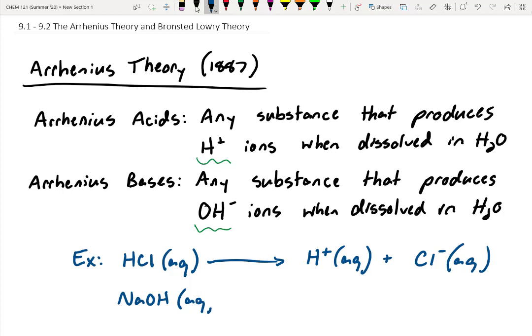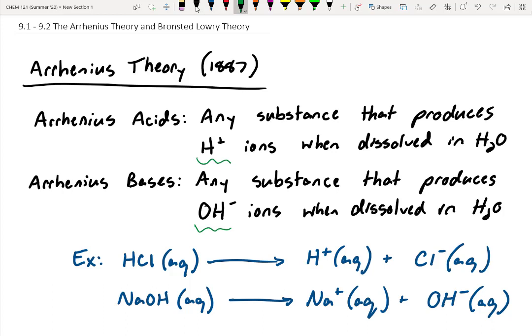Again, if we put this into water, it will completely dissociate into sodium cations, and this would be aqueous. And we would get hydroxide anions, again as aqueous. So the main idea here is this must be an acid on top because we're producing H plus, and this must be a base on bottom because we're producing OH minus.